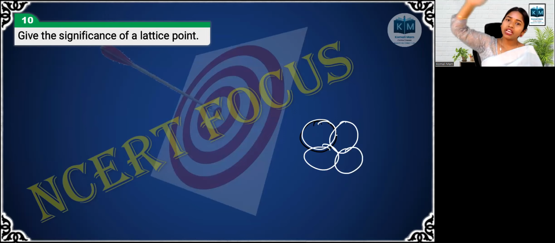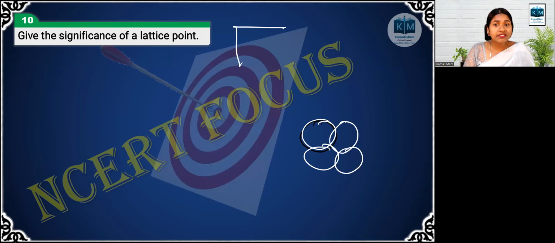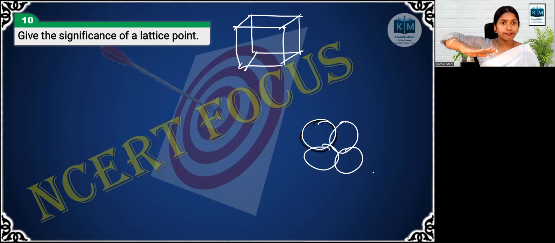Again, another 4 we keep on top. Total 8 it will be. But it is difficult to draw those 8, so what we can do is write each sphere in the form of a dot. That point we call a lattice point. Understanding? So this is a lattice point.